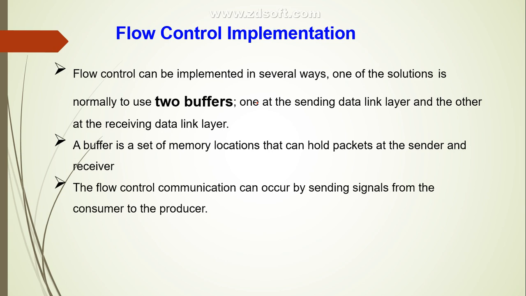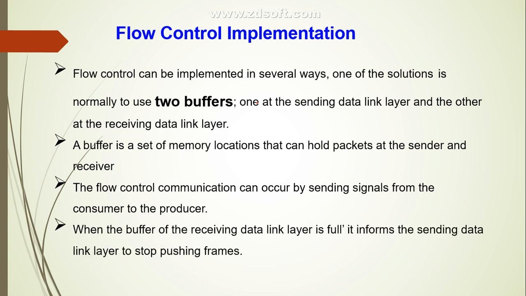Then this flow control communication can occur by sending signals from the consumer to the producer. And when the buffer of the receiving data link layer is full, it informs the sending data link layer to stop pushing frames.